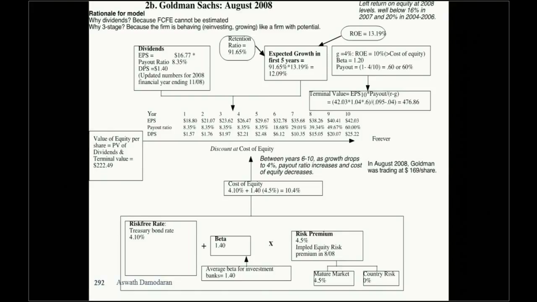It doesn't have to be a big dividend, but because they're much lower dividends, they have a higher retention ratio and a higher growth rate. At some point in time, as their growth decreases, their payout ratio increases, just like in any other cash flow model. I discount back at the cost of equity. The value per share that I got was $222.49. Stock was trading at $169.